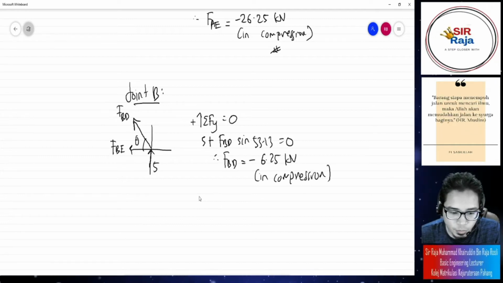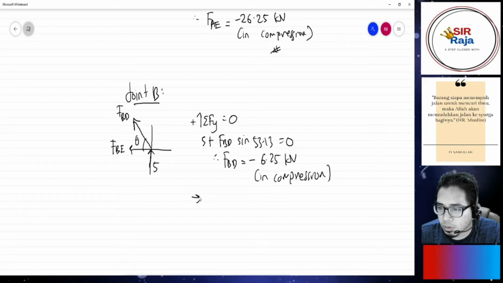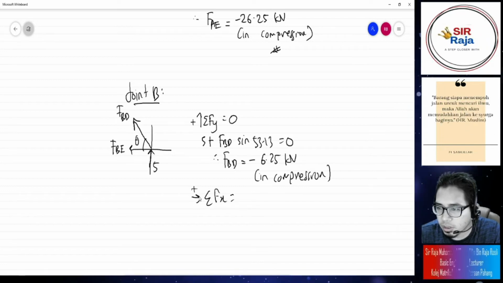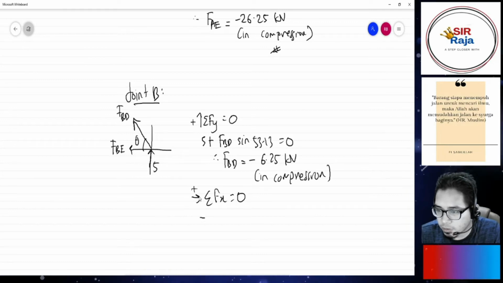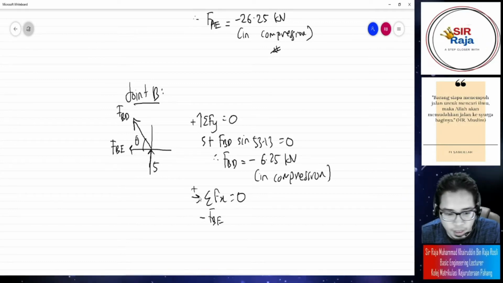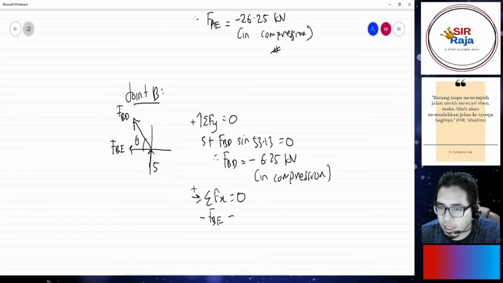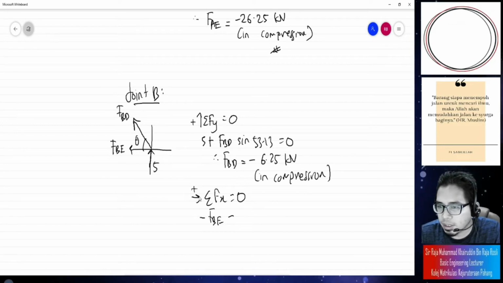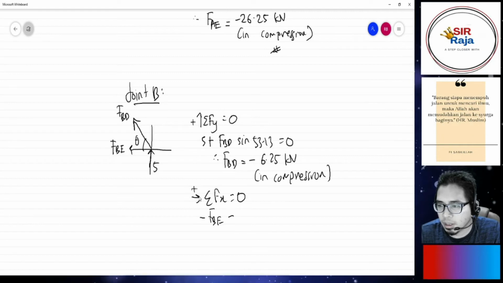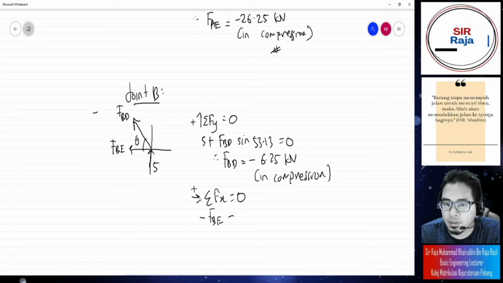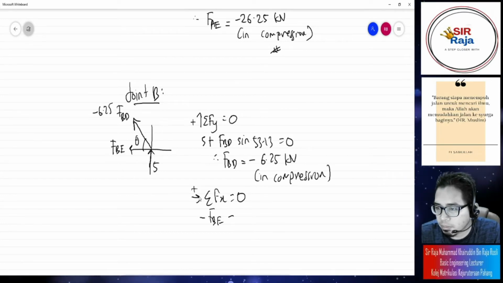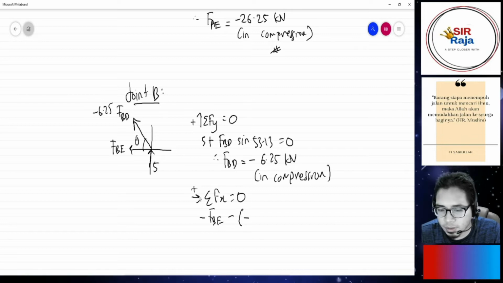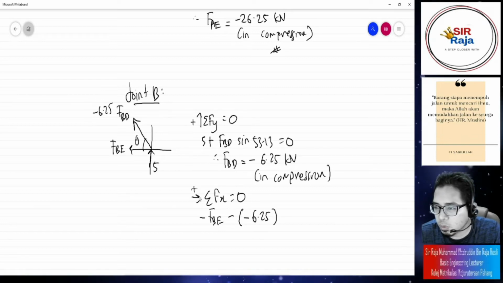Right. And then the next thing, we like to use the Fx component. So negative FBE, going to the left, minus FBD, because the FBD here is going to the left. I'm just going to straight away make the substitution. Here we know this is negative 6.25, so minus negative 6.25.